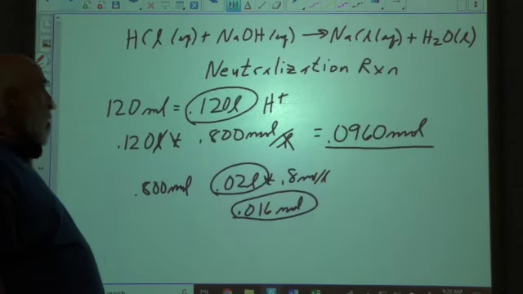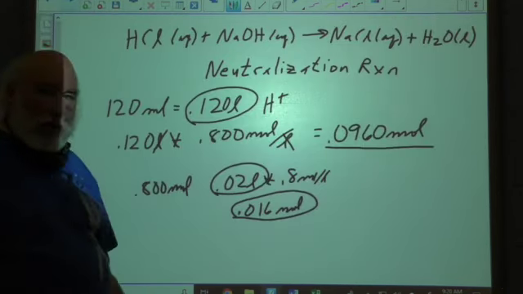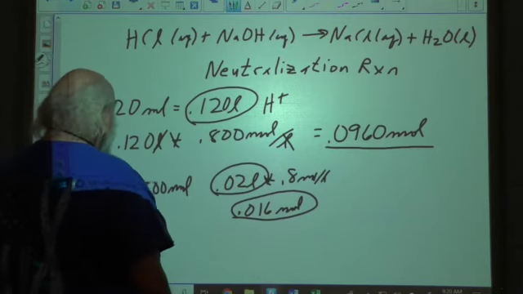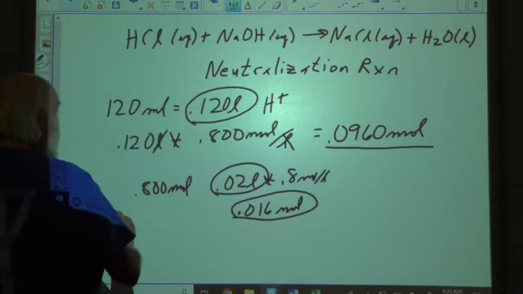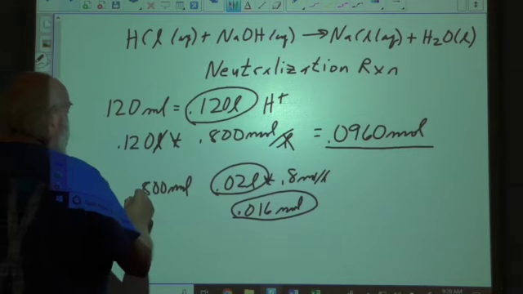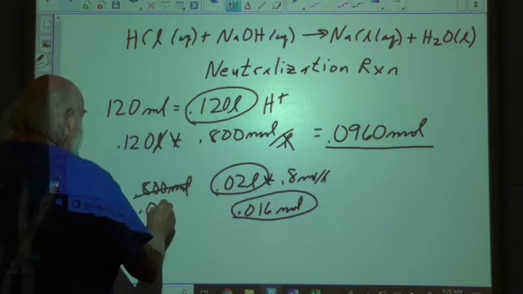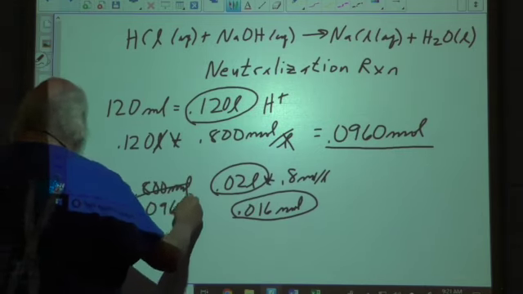When you have equal quantities, they equally knock each other out. But like we've done with ICE problems before, if you have 0.800 moles here and 0.016 moles here, actually this is 0.096 moles.